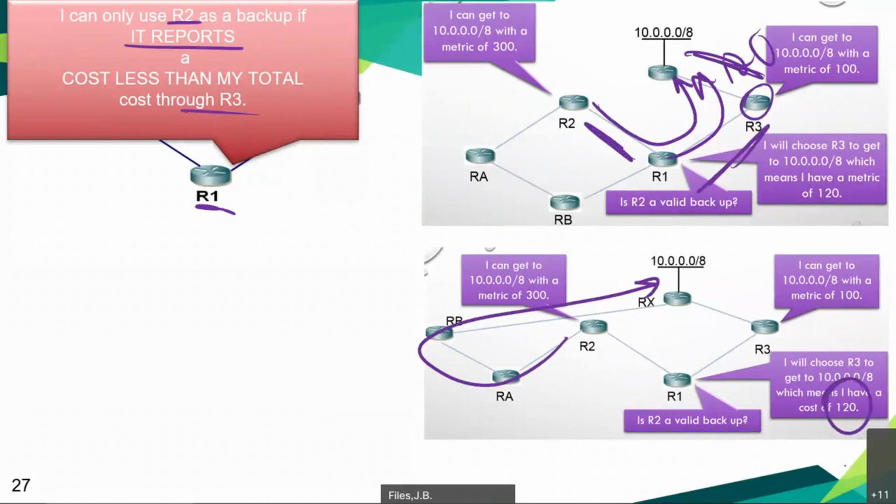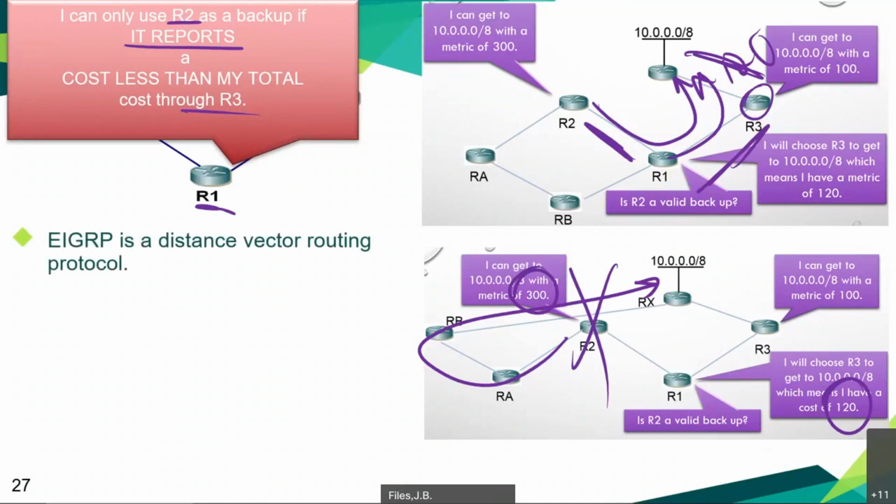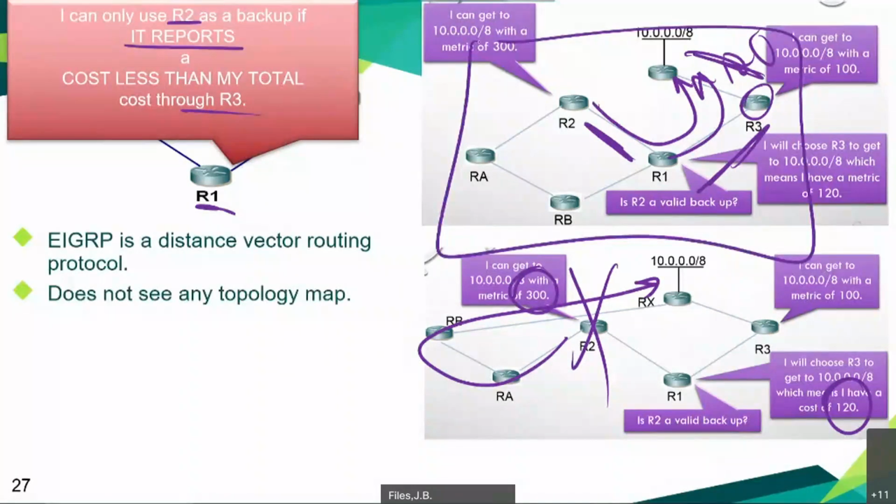But we have a cost of 120. This one has a cost of 300. R1 is not going to use that as a backup. Okay. Remember, EIGRP is a distance routing protocol, so it doesn't see the map as a whole like OSPF. So on the plus side, OSPF can see the map as a whole, but that's also its downside, because when the SPF algorithm has to run, it hammers the CPU like crazy.